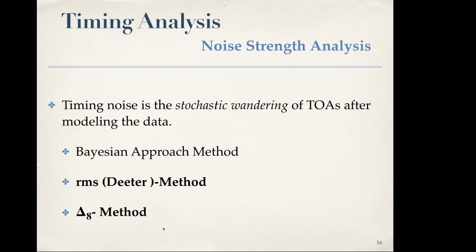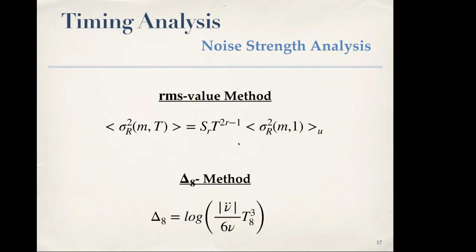In this work, we have measured the timing noise of our studied sources with only the RMS value method and the delta 8 method. The most widely known methodology for measuring the timing noise strength of pulsars, which is also the one used in the calculations of this work, is the one put forward by Boynton et al. and later enhanced by Deeter.